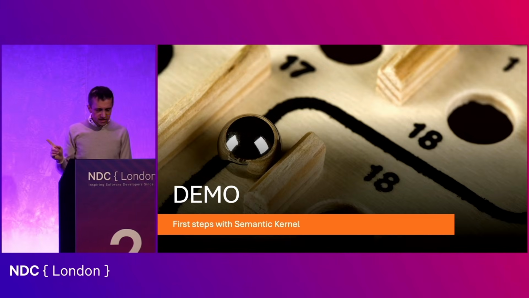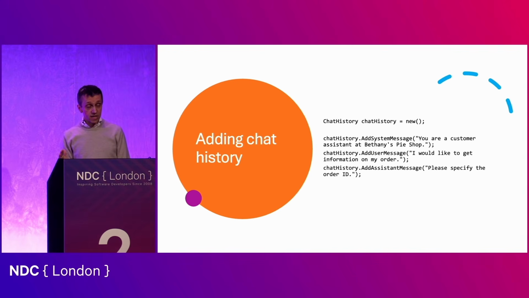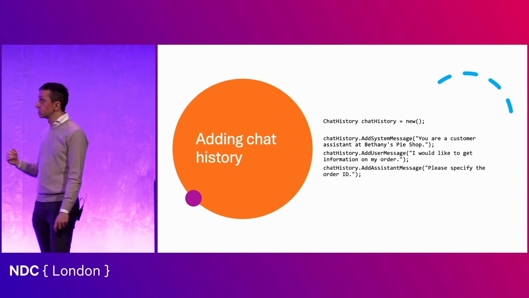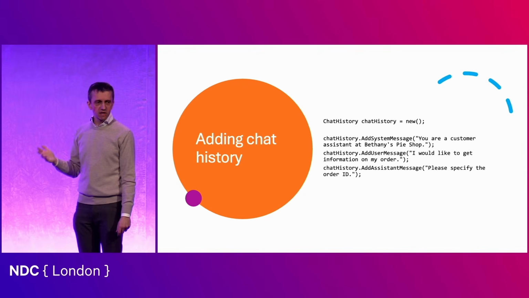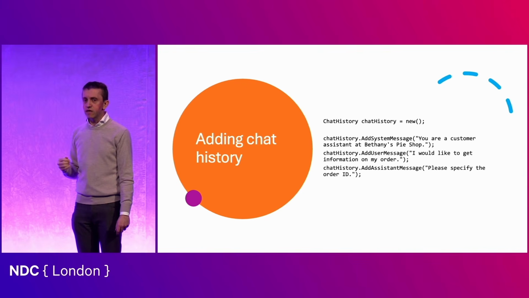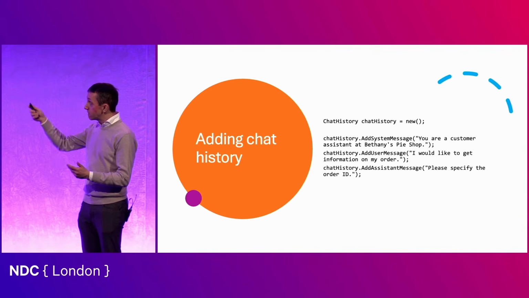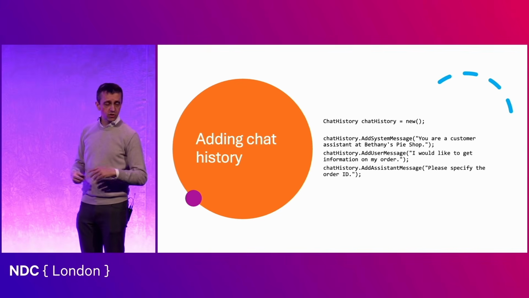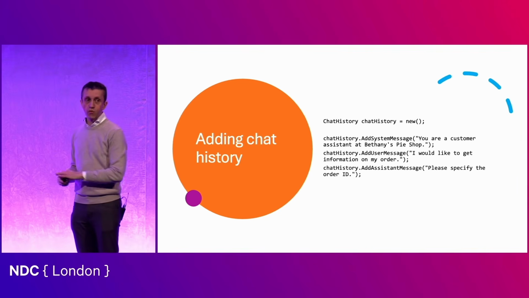I'm going to show you in just a second. It also has all the stuff available that all the other SDKs can do. So, for example, the list of messages for the chat history, well, built in. This knows about that. You have a chat history type that you can use. You just add the messages to the history, and you can just start relying on the underlying history being passed along with the request.